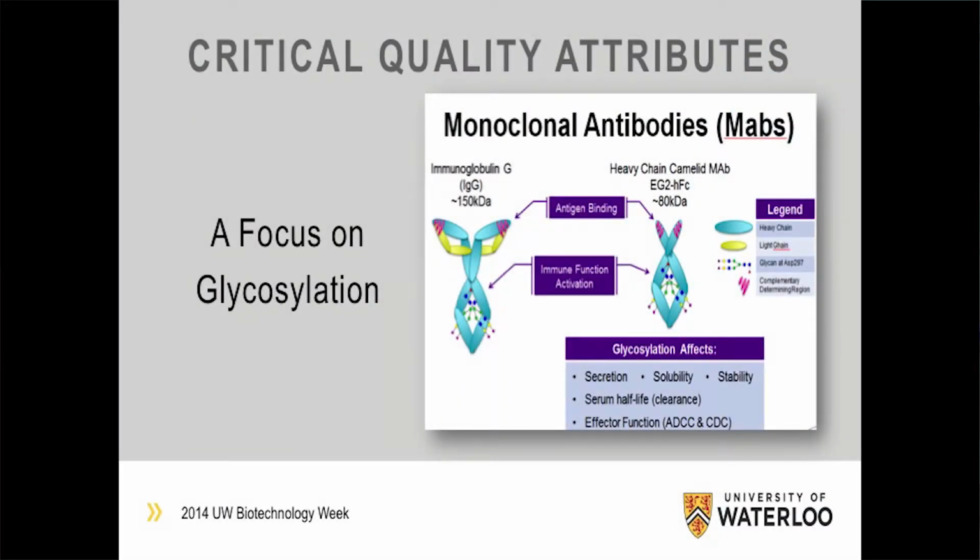Attached to metabolomics, we bring this to some of the critical quality attributes of biologics, which are all of the attributes that can affect the overall quality of your therapeutic, and so we want to know what kind of design space we can use to be able to control that.